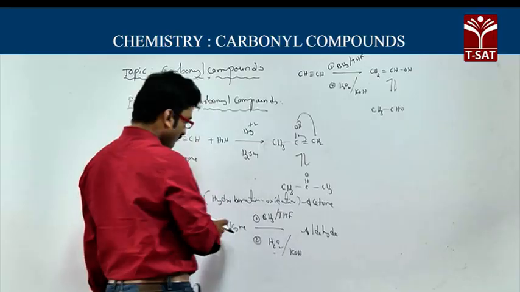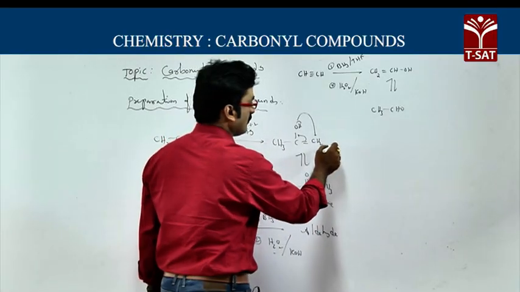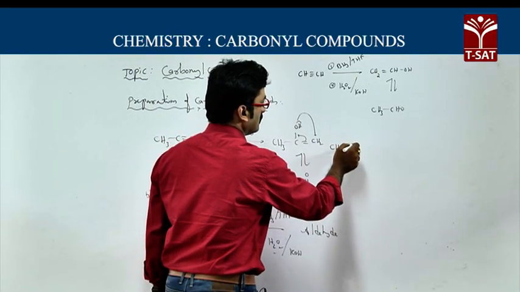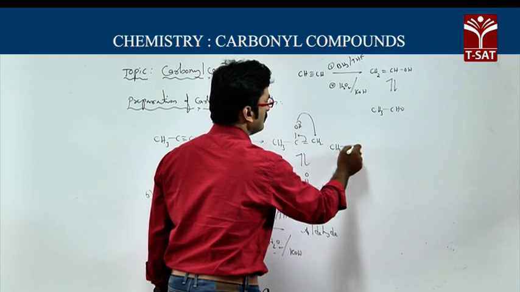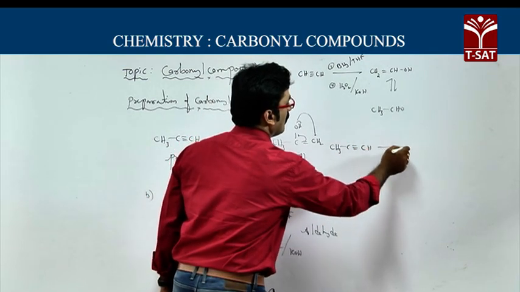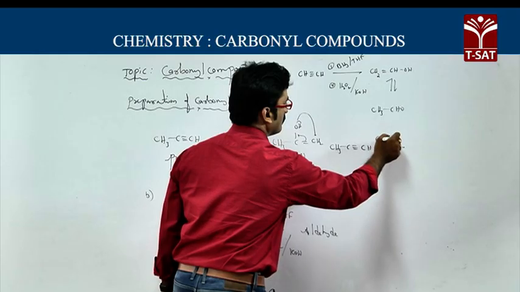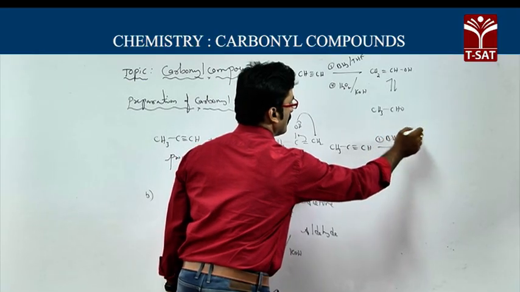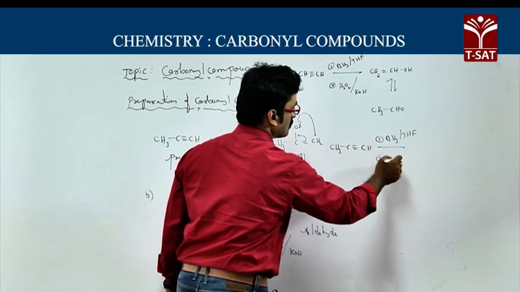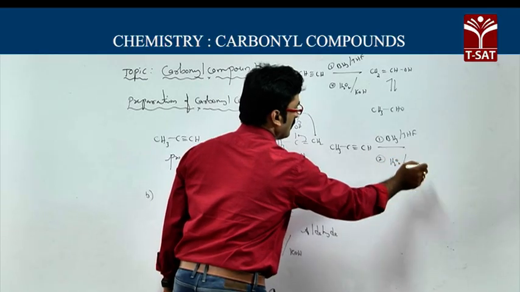If you take a 1-alkyne, I will take one more example, CH3 C triple bond CH. First one is BH3 in the presence of THF, and second one is H2O2 in the presence of KOH or NaOH.